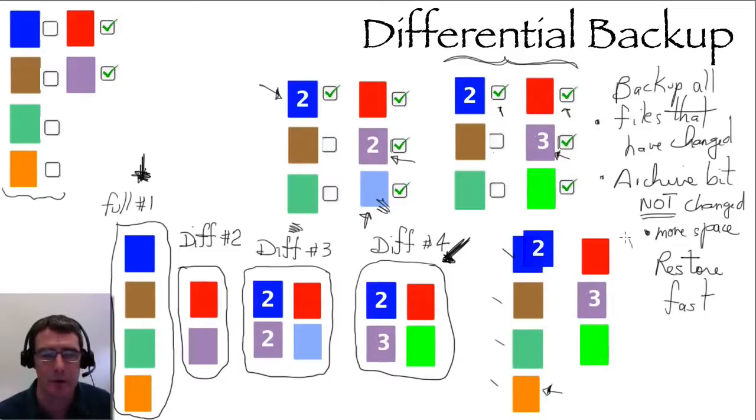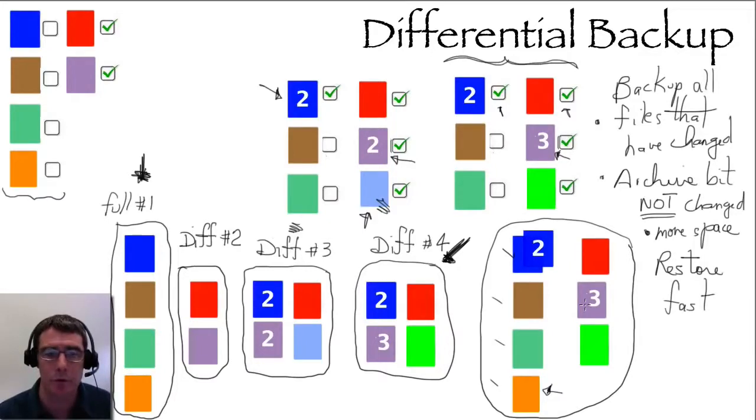So this is a little truer when you're deleting files. It's going to be a little more accurate than the incremental. But again, another system which will make sure that you do not lose data. The restore is faster. You only need to go to the last differential. It does chew up more disk space.